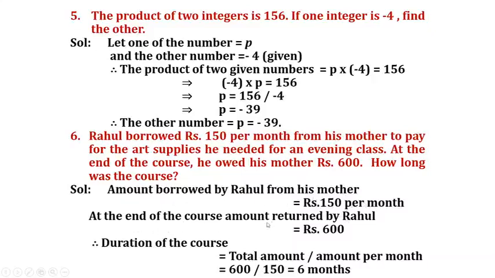At the end of the course, the amount returned by Rahul is 600. So the duration of the course you can find out by the total amount divided by the amount per month. Total amount is 600. Amount per month borrowed is 150. So 600 by 150 is equal to 6 months. So the duration of the course is 6 months.